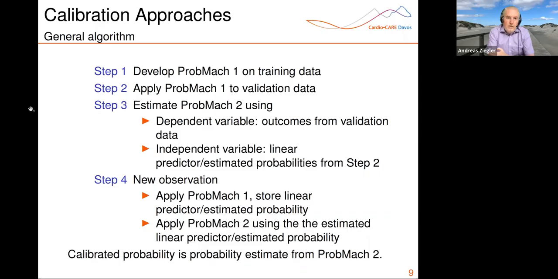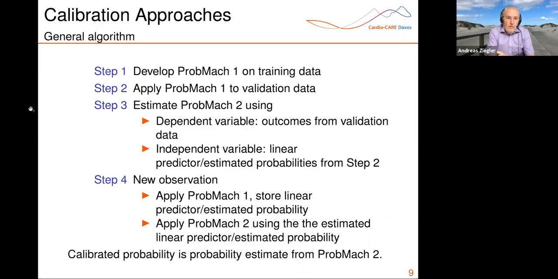So you have a simple dependent variable, which is a 0, 1 variable, and a simple independent variable, which is either the linear predictor or the estimated probability. So you have a new data matrix with a Y and an X, and then of course you can run any machine on this that you would like to use.